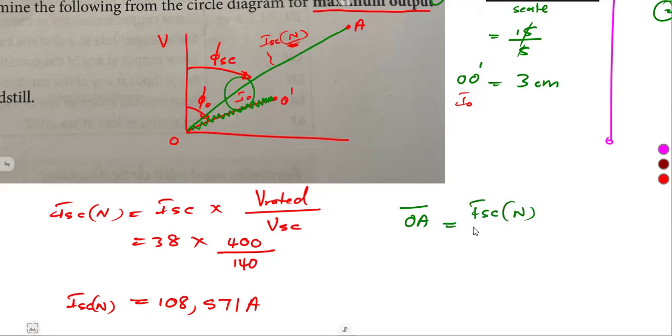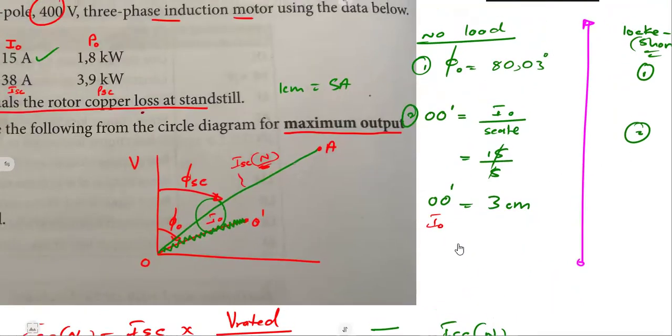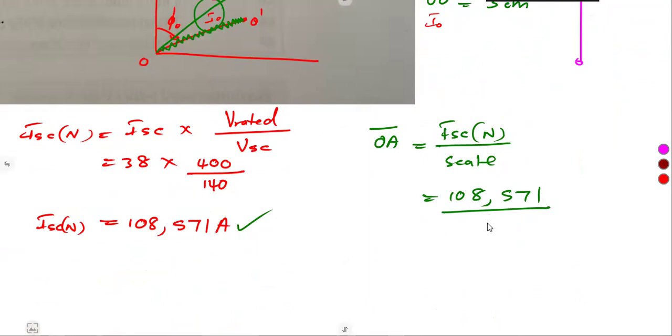So OA will be what lies there over the scale, just like that. So what lies there is our short circuit current at normal value, which is 108.571 over what? The scale. 1 centimeter represents what? 5 amperes. So we're going to divide by 5. So that was going to give us approximately 21.714 centimeters.